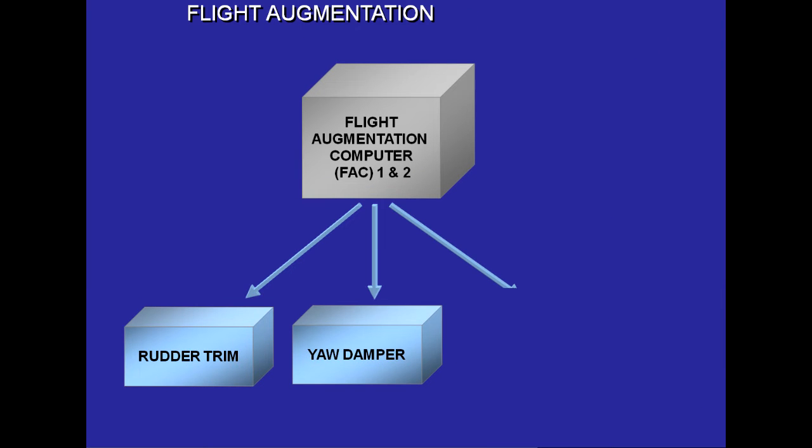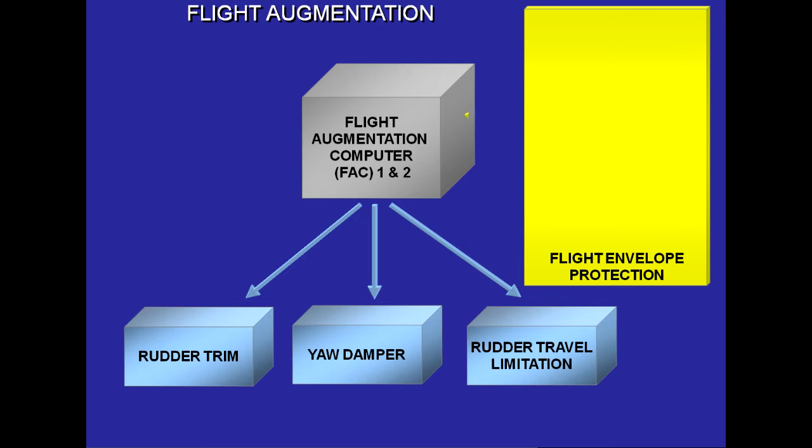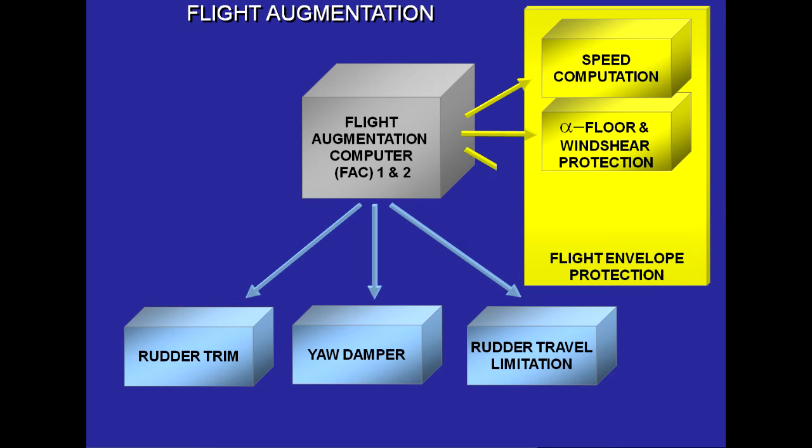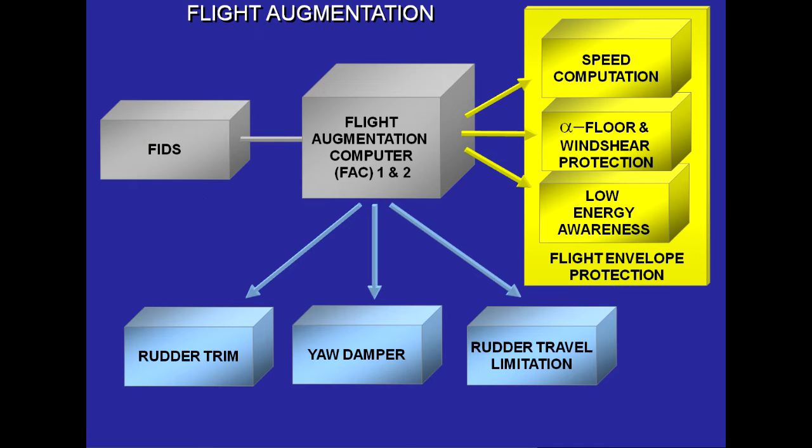The flight augmentation part provides the following functions: rudder trim, yaw damper, rudder travel limitation, flight envelope protection, fault isolation and detection system.